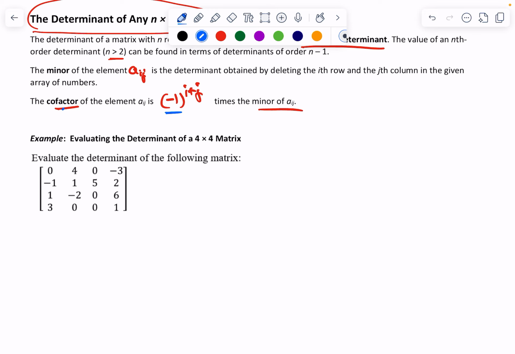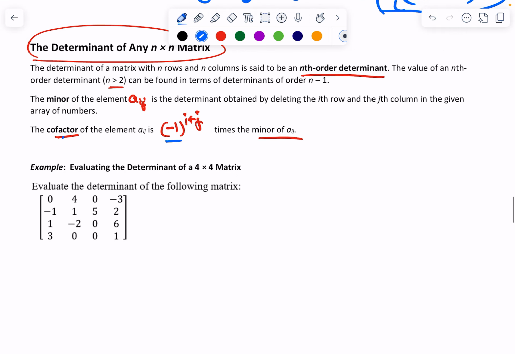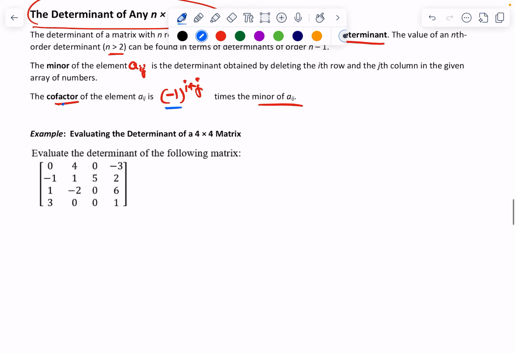So what we're going to do is go ahead and choose 5 as our minor. So what do we have? We'll have 5 as the one that's outside.